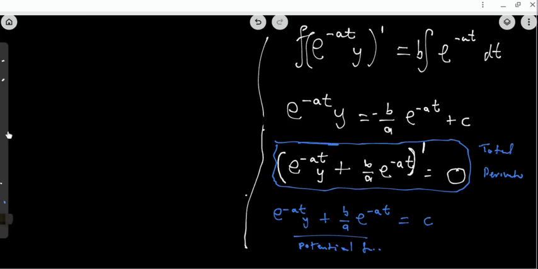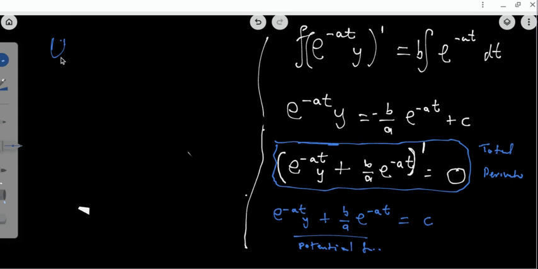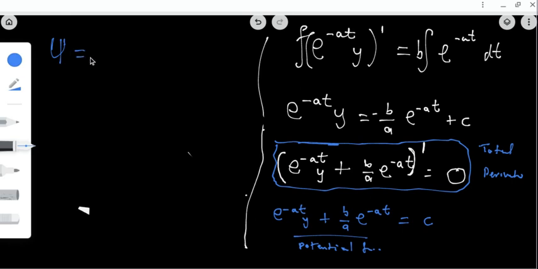So this potential function is written in the form, remember, looking at this potential function, we have the independent variable t there, and we have the dependent variable y there, and all the others are just constants. So we say that the potential function u is a function of t and the function y of t.